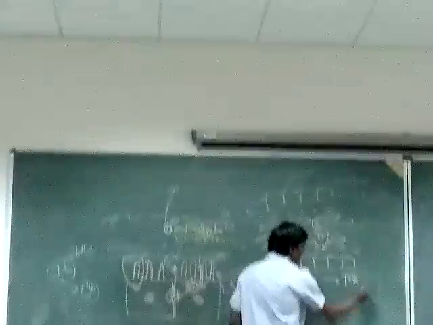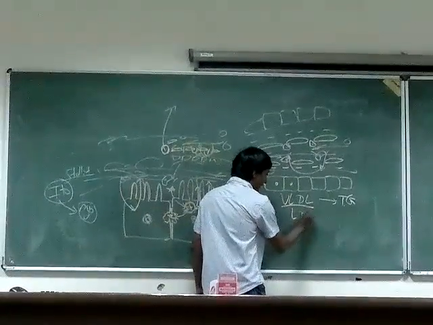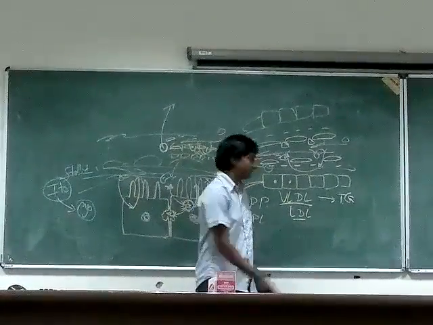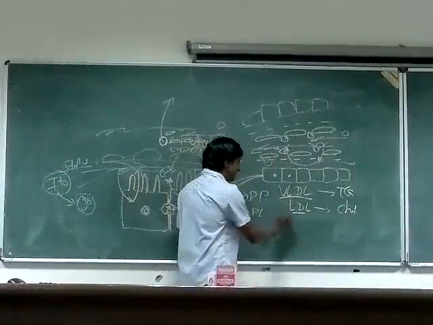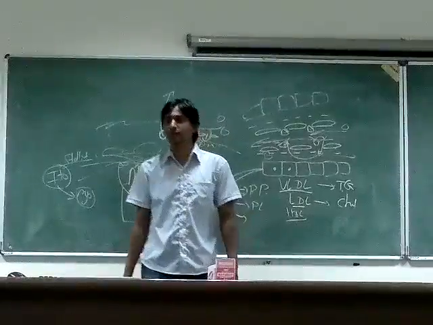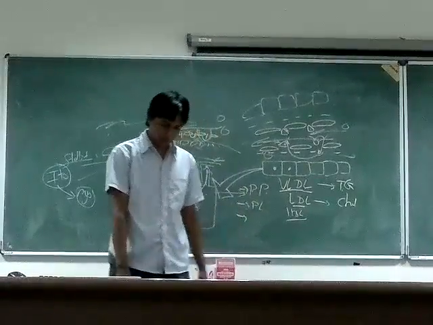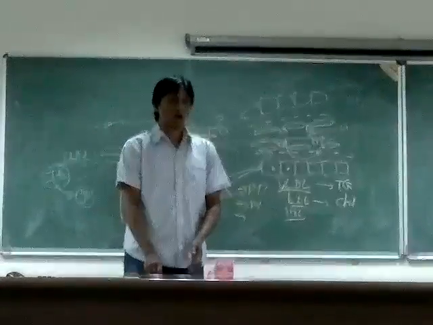That is triglyceride. Then there is LDL. What is carried? That is cholesterol. Then there is HDL. All of these go into the hepatocytes, into the liver, and from the liver. Then it also secretes cholesterol.